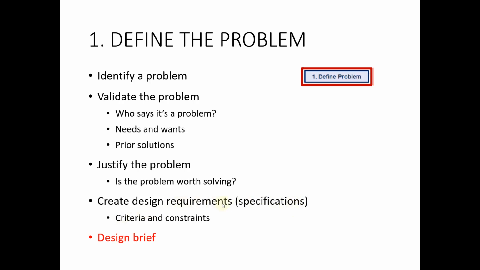So while creating design requirements, we need to have a very good idea about the criteria, the design criteria and the constraints. So design criteria means what all things we need to keep in mind while designing. Constraints means the limitations that are imposed during the design process.